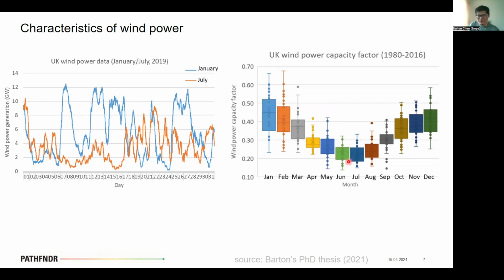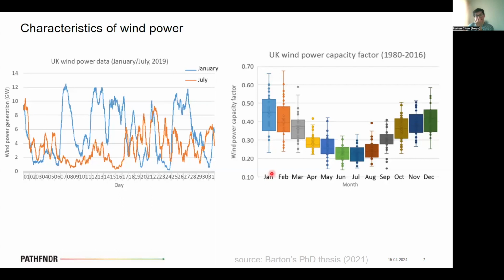But another important message here is that even in winter, which is very windy, in certain years it could be very windy, up to 65% of the capacity factor, or it could drop to even 25%.